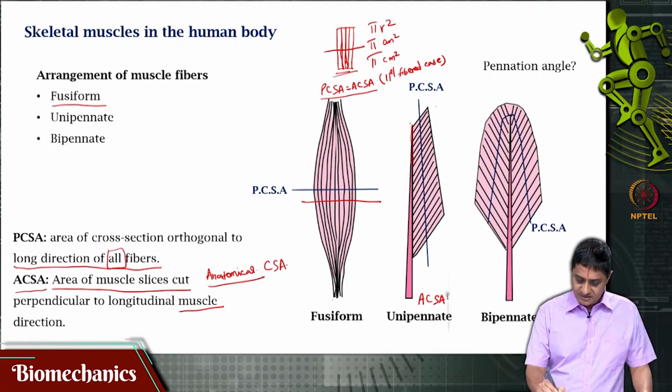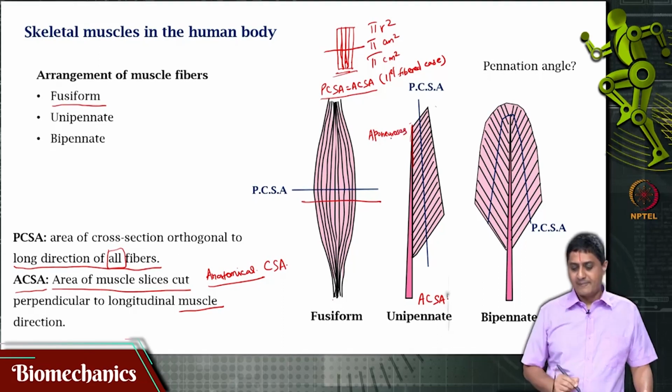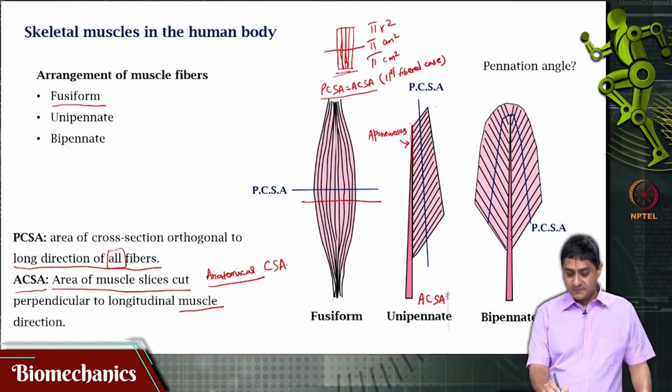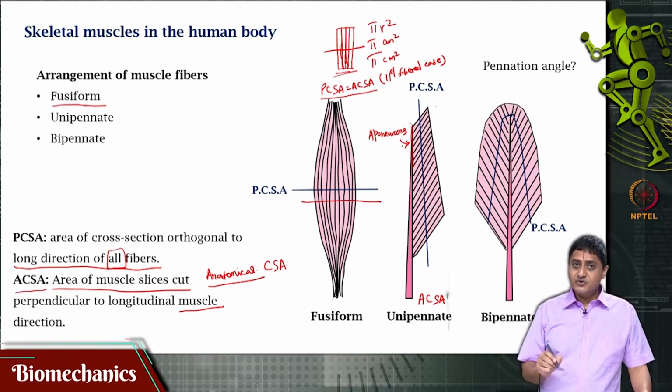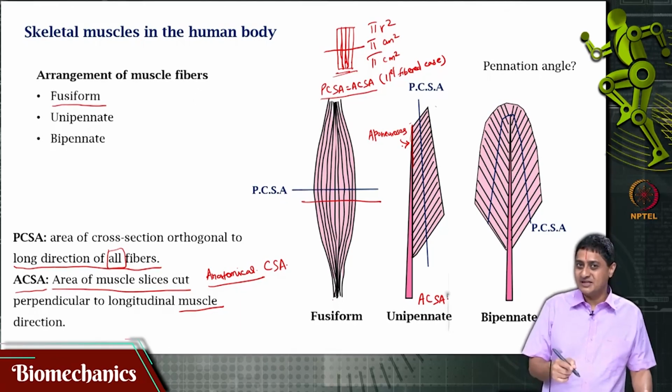You see, this is the internal tendon or the aponeurosis. This aponeurosis is where the individual fibers are attaching, and if I would like to find how the muscle fiber force is acting, we are talking about a functional aspect, right?